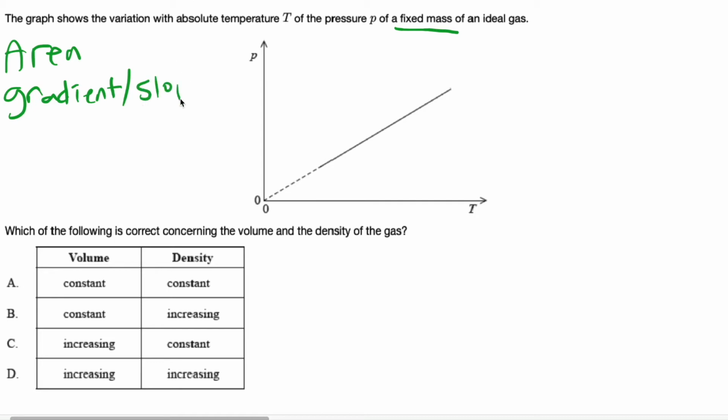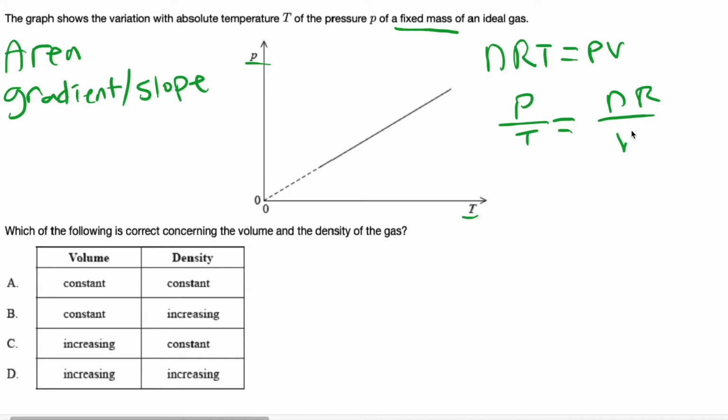And for this problem, we are going to think about gradient since it's about thermal physics. So when you see pressure, temperature, think about ideal gas. So nRT is equal to PV. So P over T is going to be equal to nR divided by volume here.